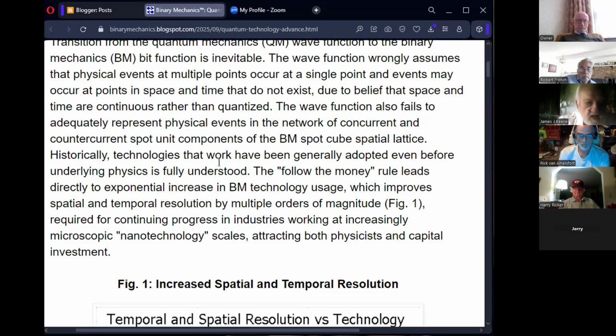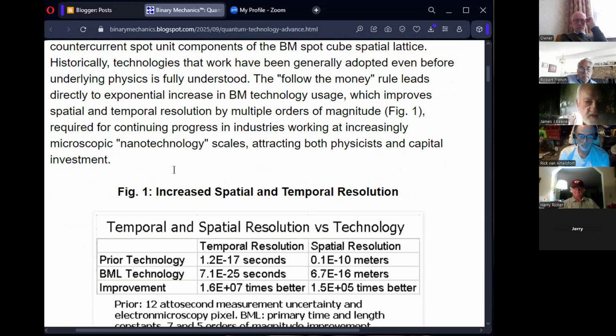Historically, technologies that work have been generally adopted even before the underlying physics is fully understood. The follow-the-money rule leads directly to an exponential increase in binary mechanic technology usage, which improves spatial and temporal resolution by multiple orders of magnitude, as shown below in Figure 1.